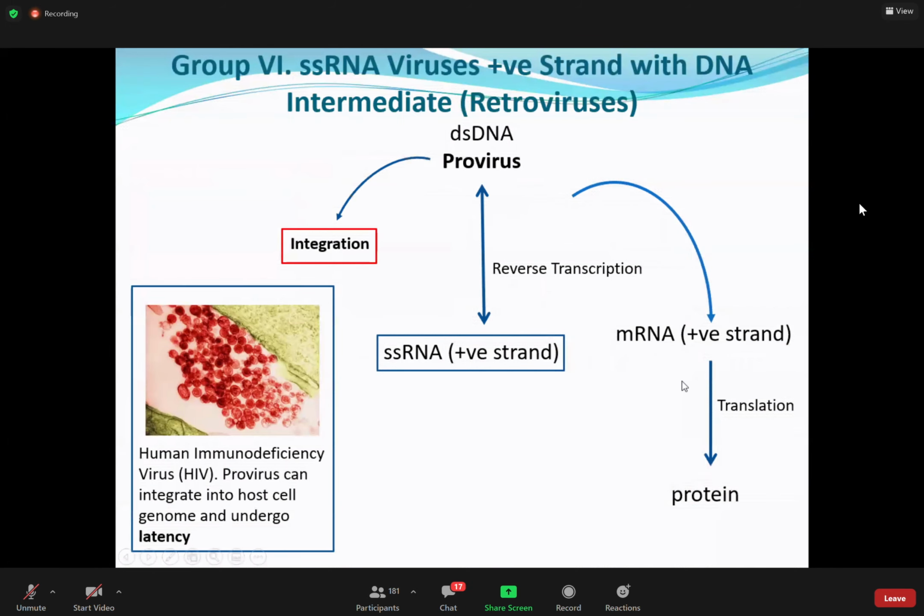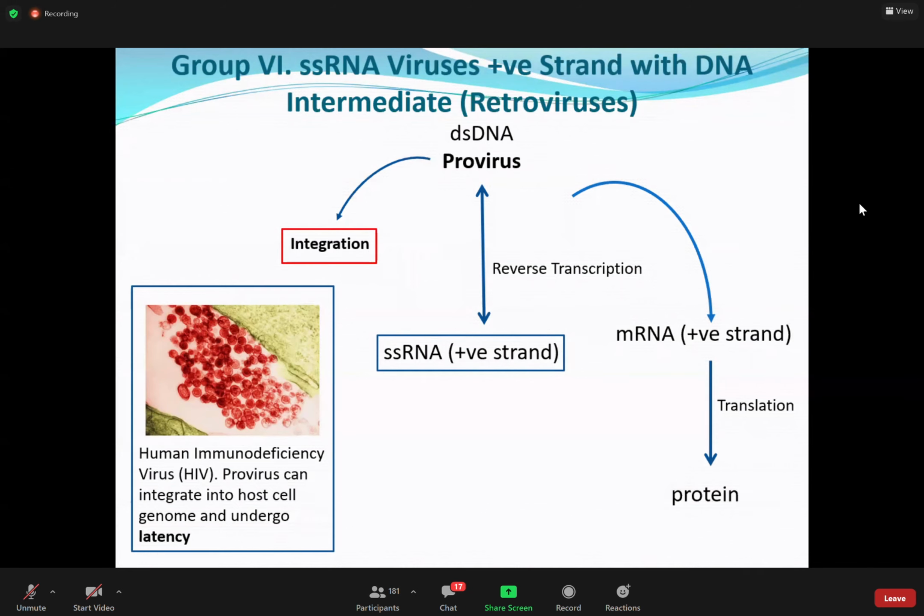So now we have these retroviruses where the virus starts off as a single-stranded RNA virus. Through this enzyme, the reverse transcriptase, it makes an RNA-DNA intermediate. The RNA is degraded so that from that minus strand DNA, you create a plus strand DNA.